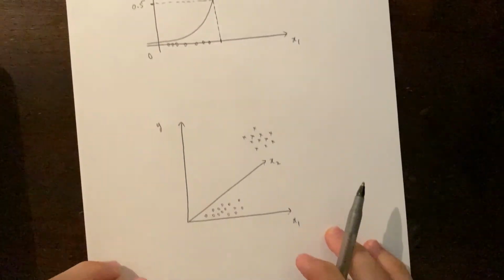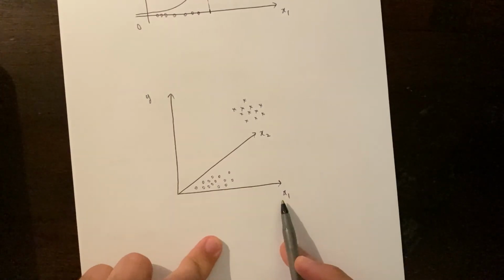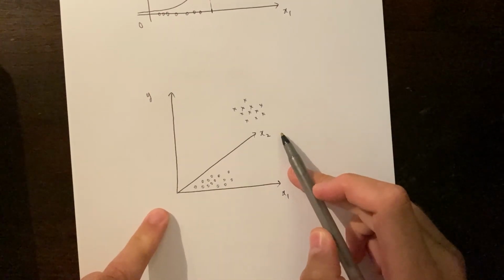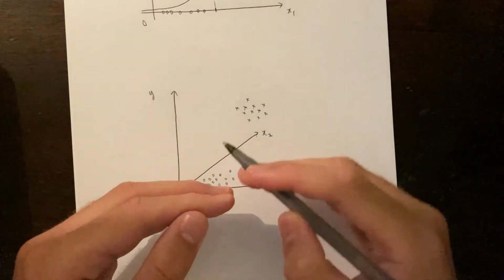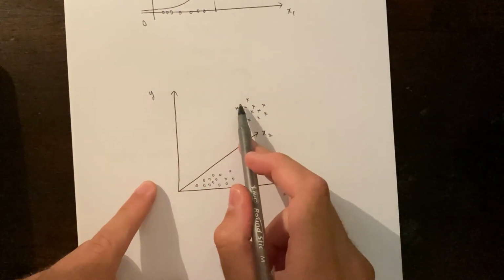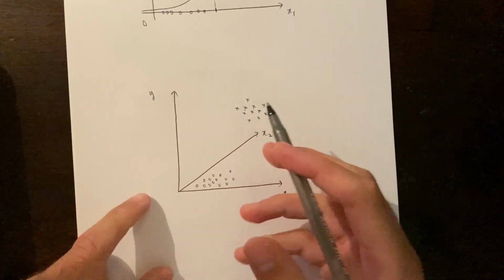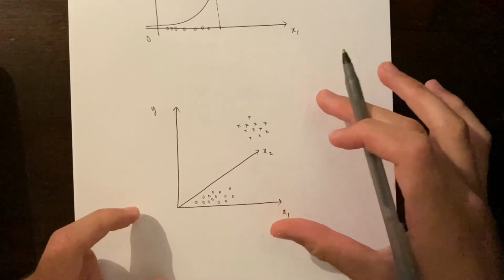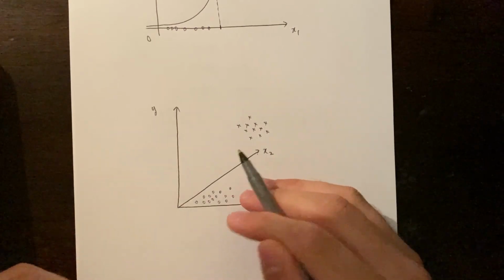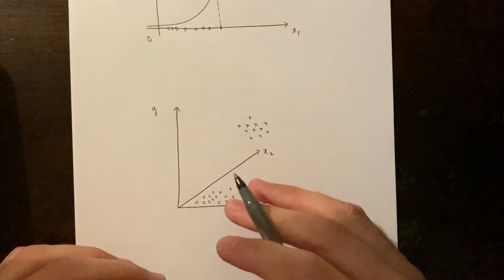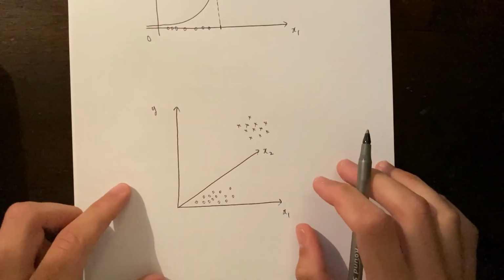If each x vector has two features, x1 and x2, then once again we can use another axis to show the separation between y equals 0 and y equals 1. And so thinking in 3 dimensions here, you can imagine that all of these circles are living in a plane through y equals 0, while the crosses are living in a different plane through y equals 1.